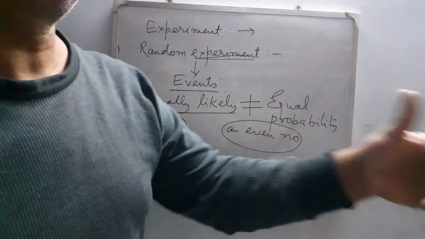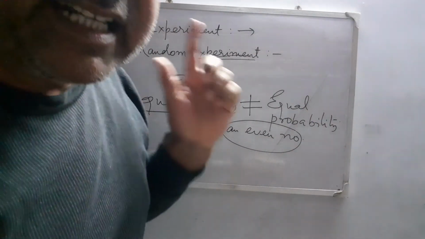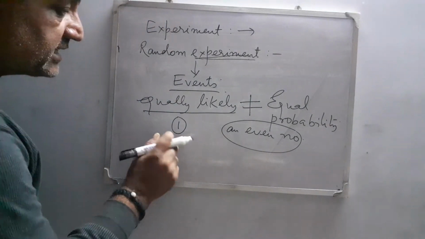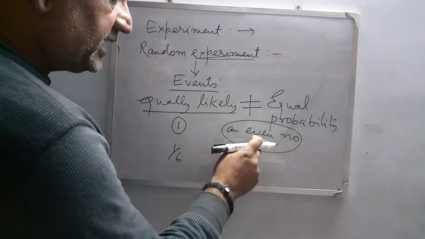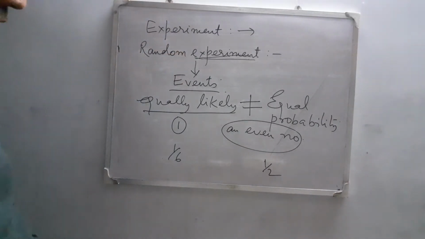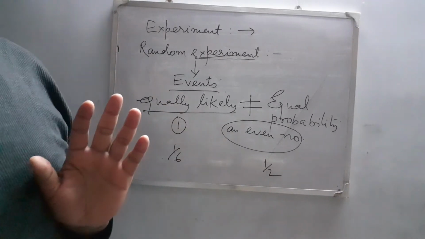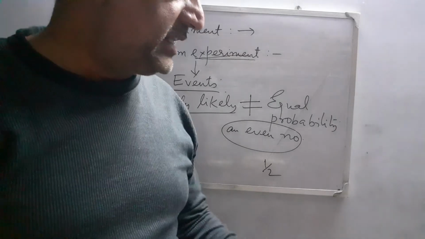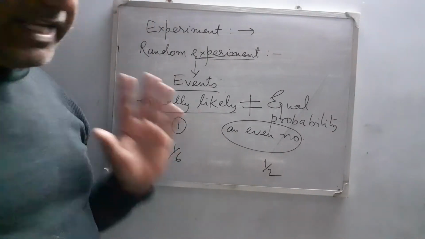But they have different probabilities. As you have done in class 11, the probability in the first case will be 1 by 6, and in the second case it will be 3 by 6, that is half. So the two probabilities are unequal, though the events are equally likely.